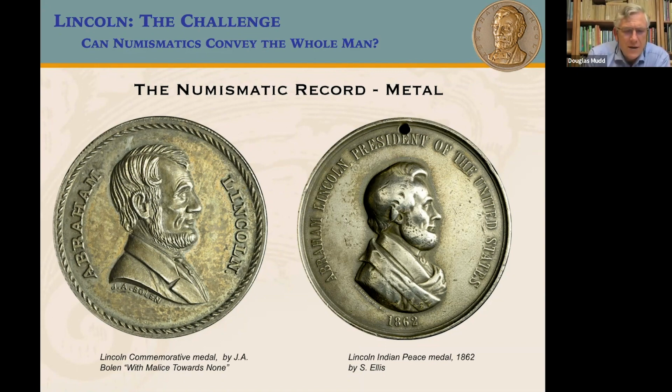The next images are some interesting ones because of their historical connections. Here we have one by J.A. Bolin, with malice towards none. This is an image on a small medalette, and it's comparable to the campaign badges of the earlier period.